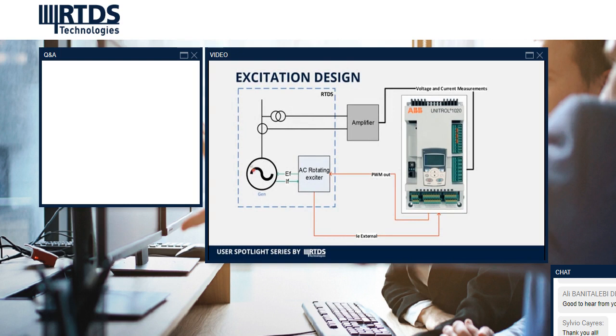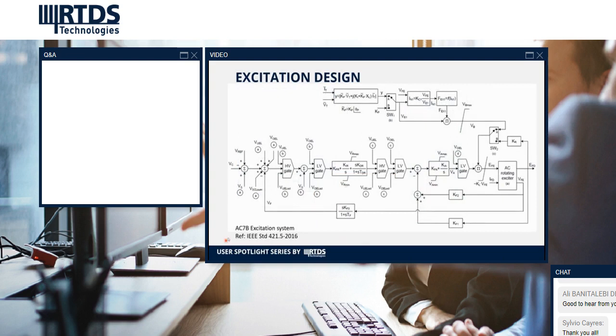This is the exciter setup, something similar, the same generator IEEE model. We have the RTDS, voltage and current go out here, and they're fed into the ABB Unitrol. We get the PWM output, which is basically EF for the field voltage, and then the field current is fed as feedback.